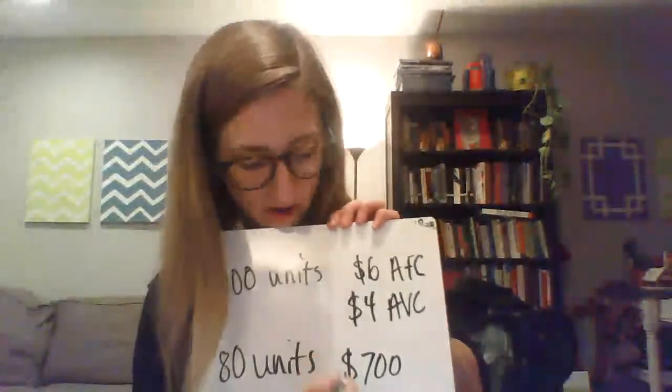If they shrink, let's say the company closes some stores and now they're making 80 units, and the total cost is $700. I don't have my calculator on me, this might get ugly.